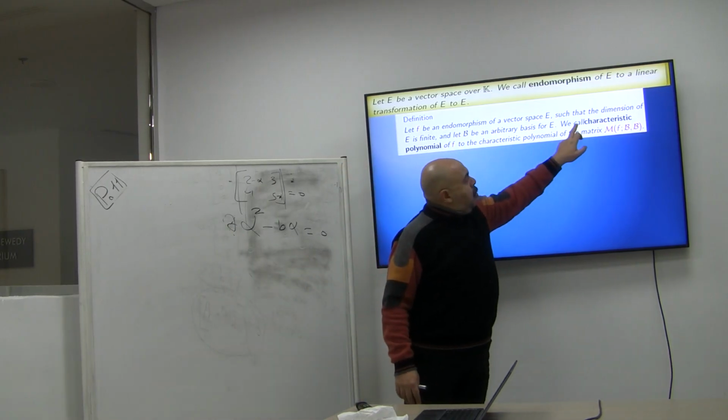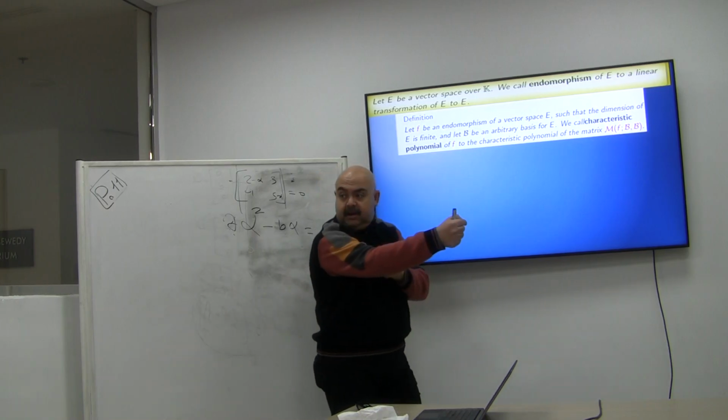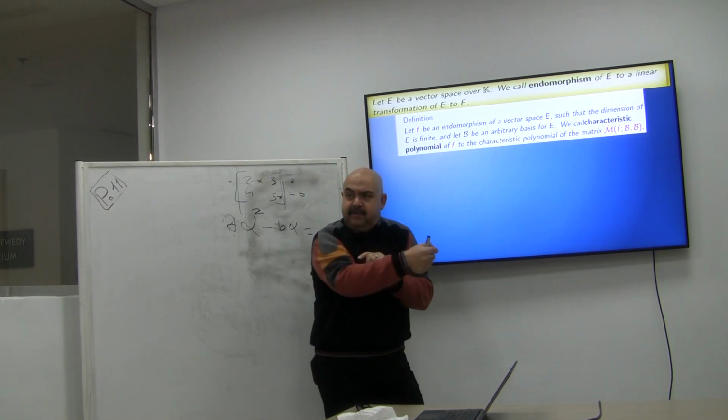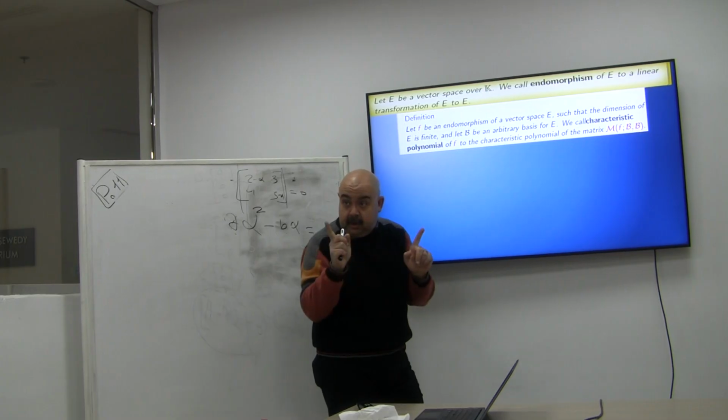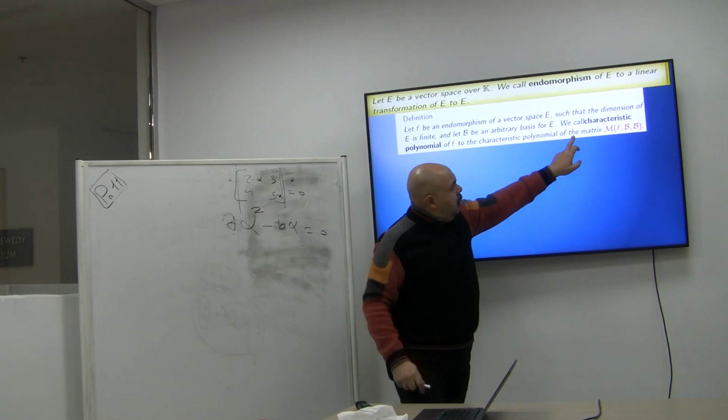Okay. We call the characteristic polynomial of F, the way I move from E into E, the characteristic polynomial of the matrix.